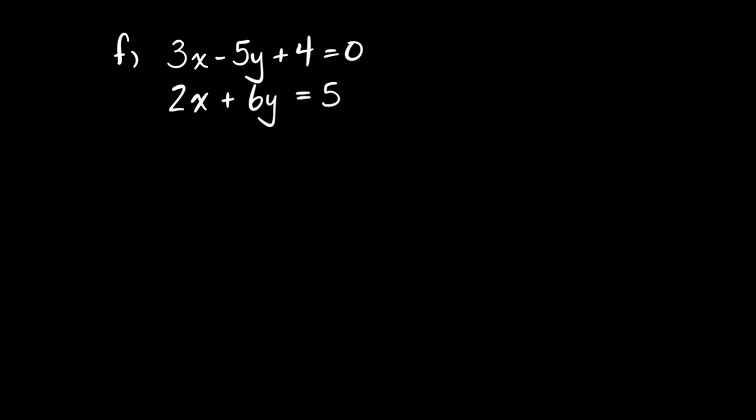Okay, so I want you to take a look at the system that I gave you in F. And you're going to notice there's something different about this system than all of the rest. If you went through to try to solve that system, everybody should be calling equation 1 and equation 2.